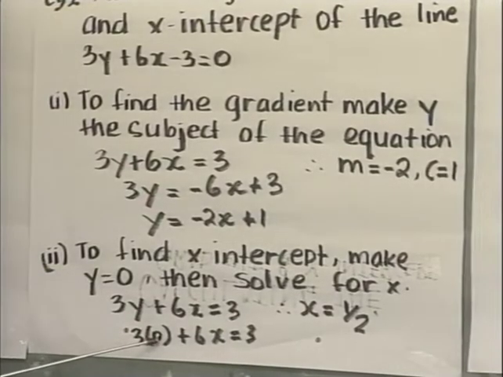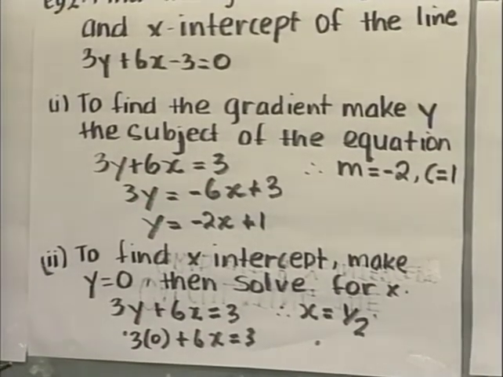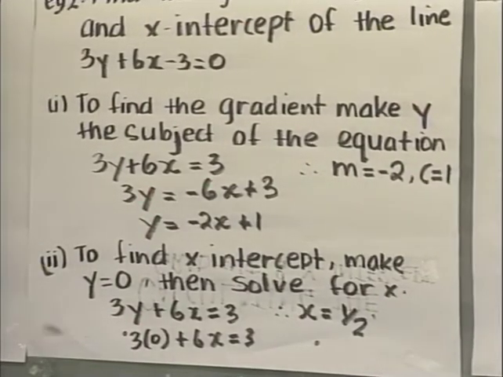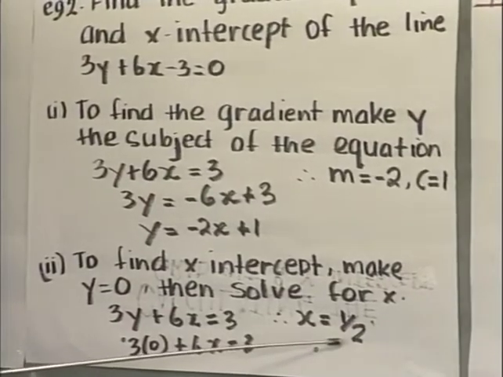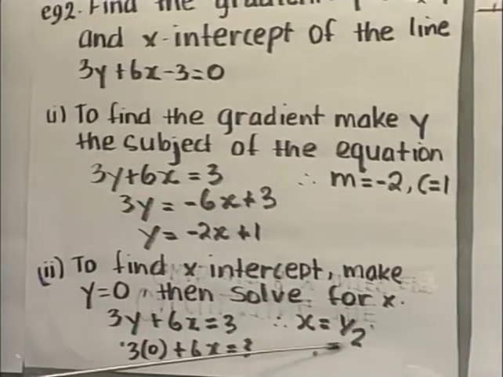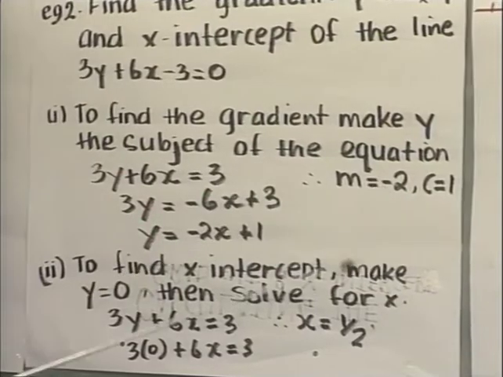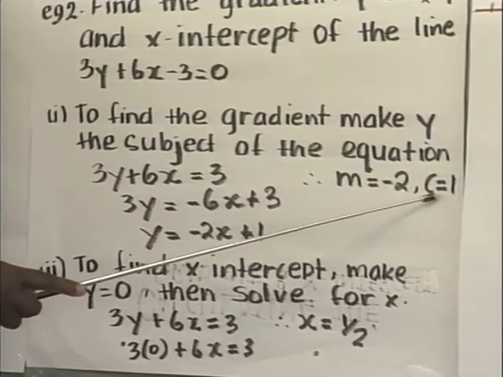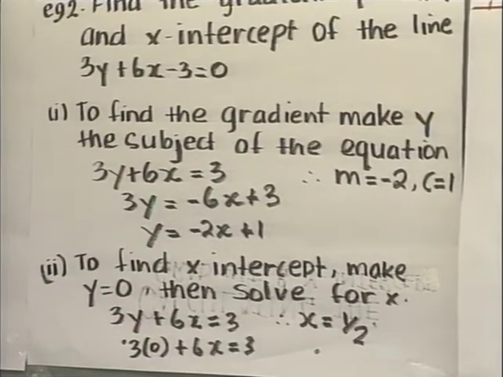Make y 0, so I get 6x equals 3, and x is a half. That means the point where the graph cuts the x-axis is where x is equal to positive a half. So this line has a gradient of negative 2, a y-intercept of positive 1, and an x-intercept of positive a half.